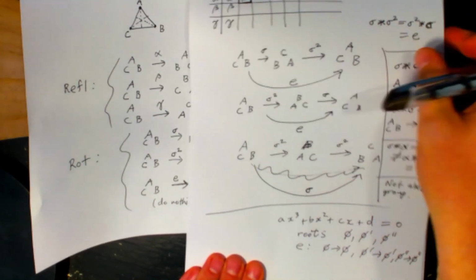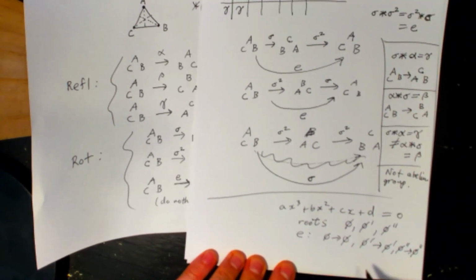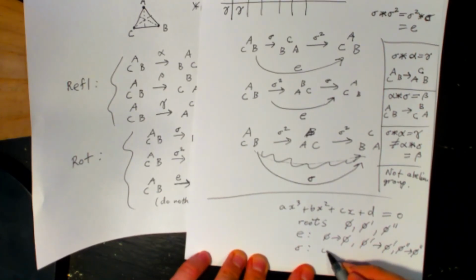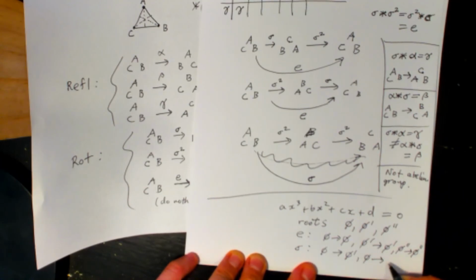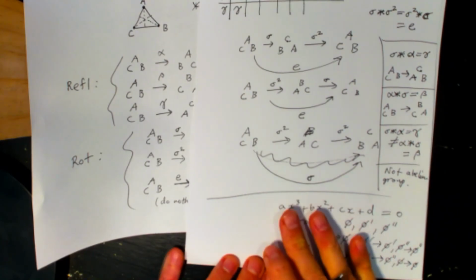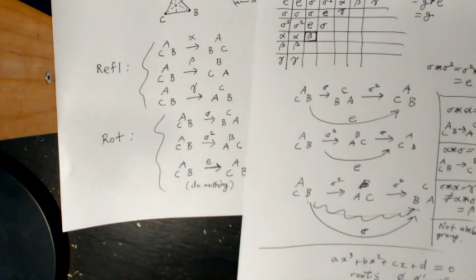Now we could do some other rearrangement or permutation of the roots. For example, we could do a cyclic permutation of the roots, and let's just call this one sigma, where phi goes to phi dash, phi dash goes to phi double dash, and phi double dash goes to phi. That one would have the same effect as what we have here. We have a permutation of the roots.